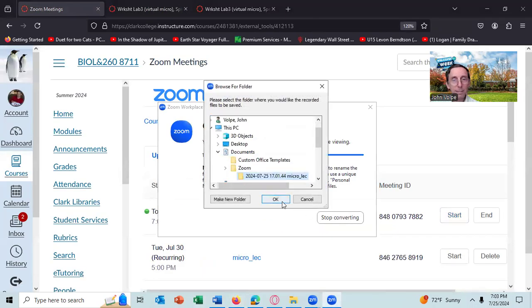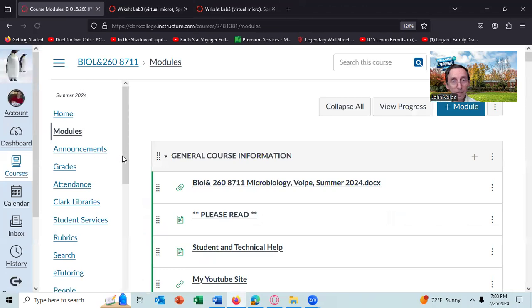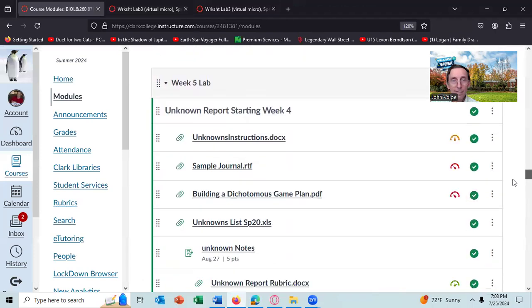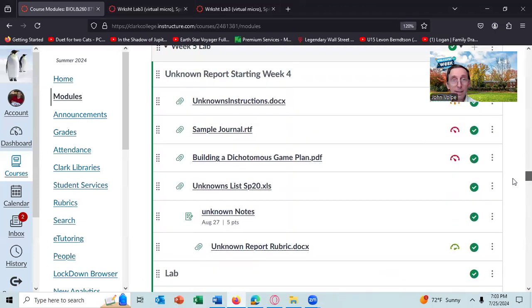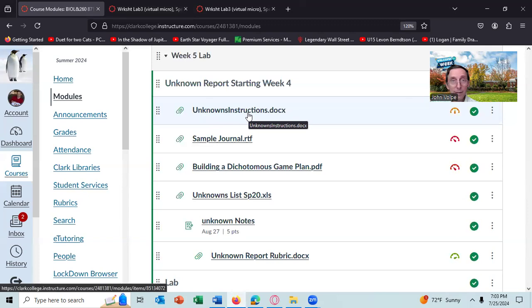Oh, good. My lecture page just finished, and so my computer will start working normally now. So scroll down to week 5 lab, and the unknown instructions.docx is the file you need to read. Any question about any of that?